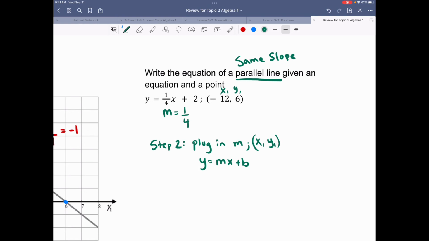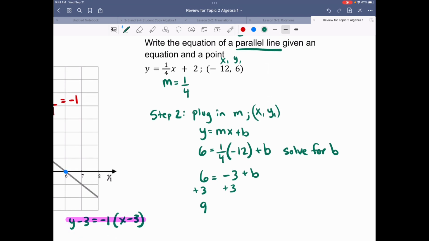So my y1 is 6. My m is 1/4. My x is negative 12. And I'm solving for b. So next we will solve for b. Negative 12 times 1/4 is negative 3. Bring everything else down. Add 3 to both sides.